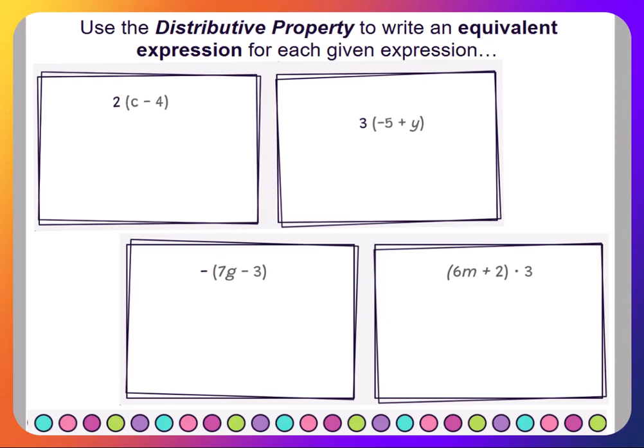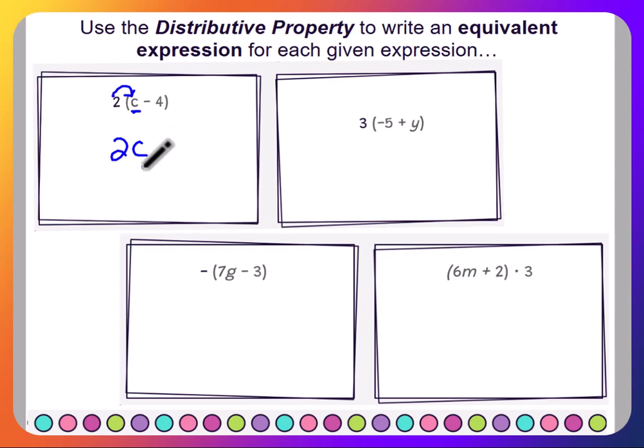And what we're going to do to help us skip that step is to draw an arrow line from the 2, or from the number that we're distributing, to each term inside the parentheses. So we'll start with the 2. The first term is the c. So we're going to distribute the 2 to the c. How many c's is that? 1c. So what is 2 times 1c?